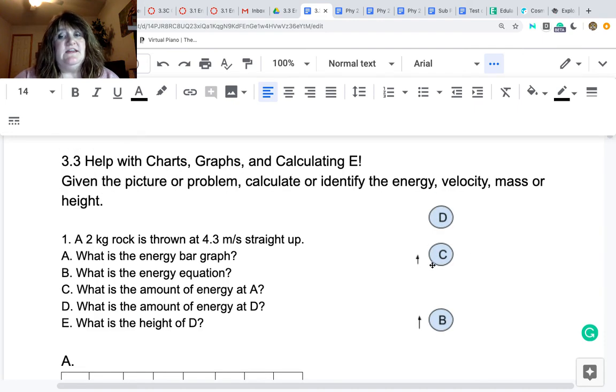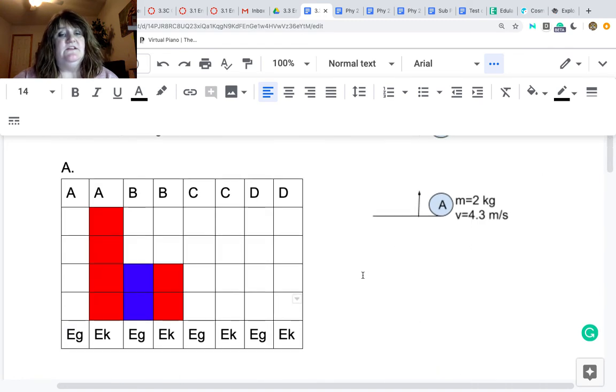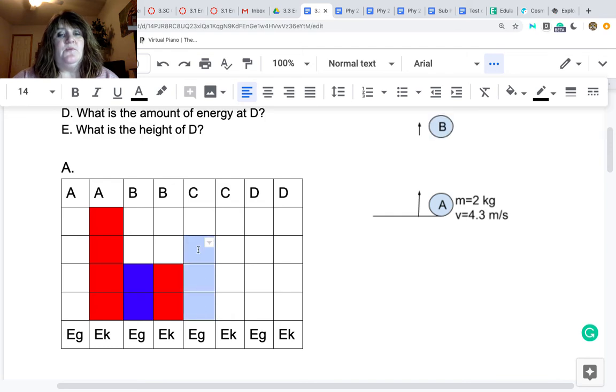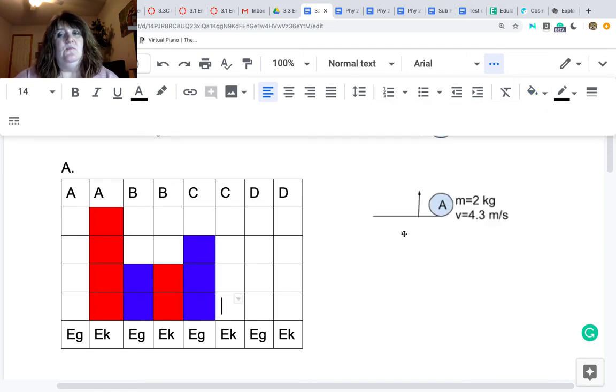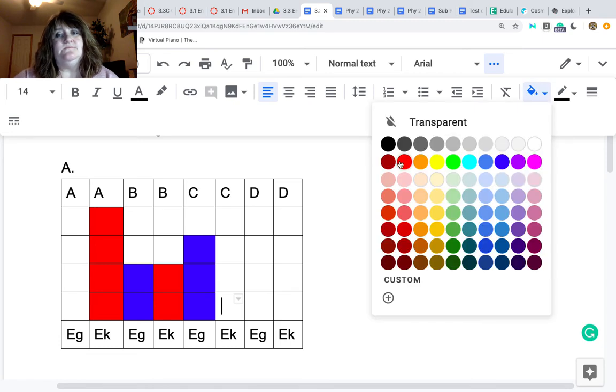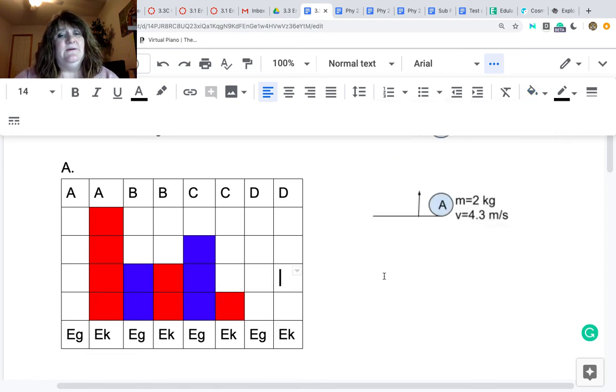C, position C, is slowing down, so we have less EK, and it's higher, so we have more EG. So maybe I have 3 blocks of EG and only 1 block of EK.